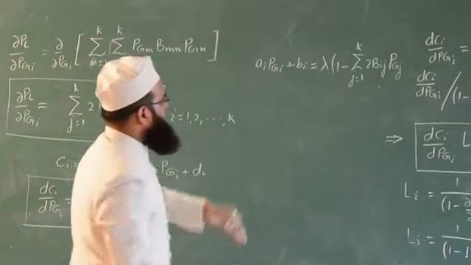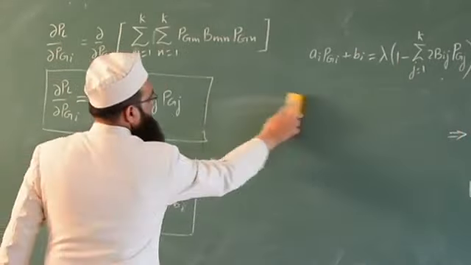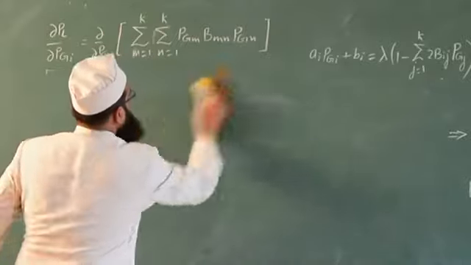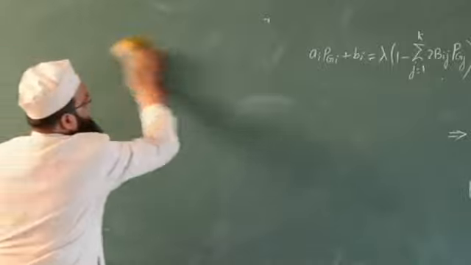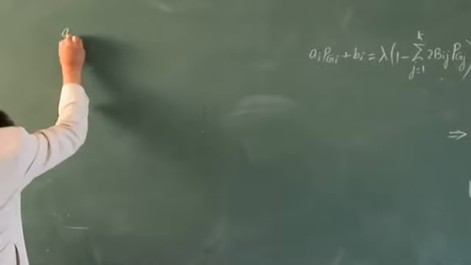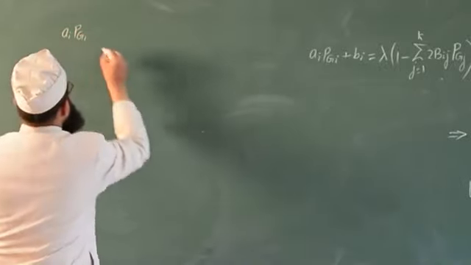So this can further be written as Ai PGi plus Bi.